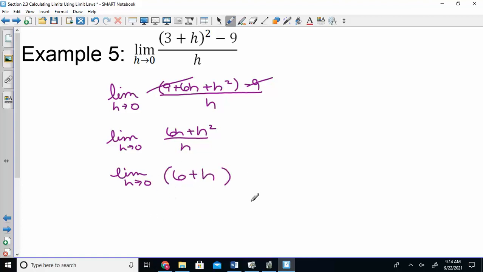At this point, can I plug in 0 and get an answer? Yes. So when you plug it in, that's when the limit goes away. So my final answer is 6. But you have to write that limit on every step up until that. Is this easier than making tables of values and graphing and all that? And we're getting the exact answer, not guessing at our answer.